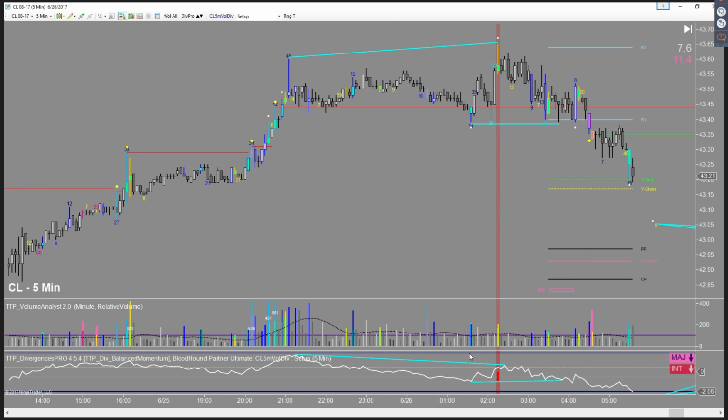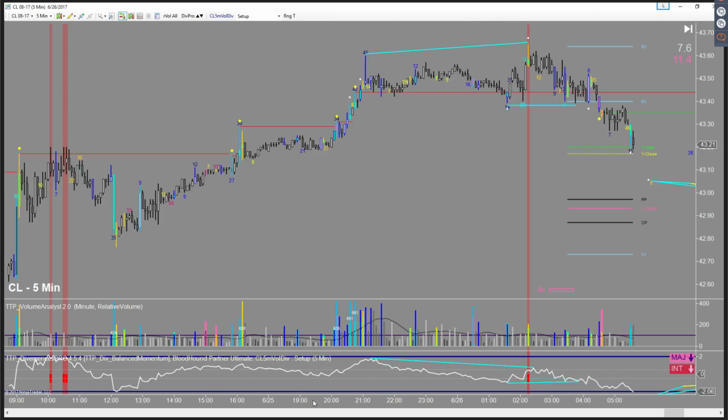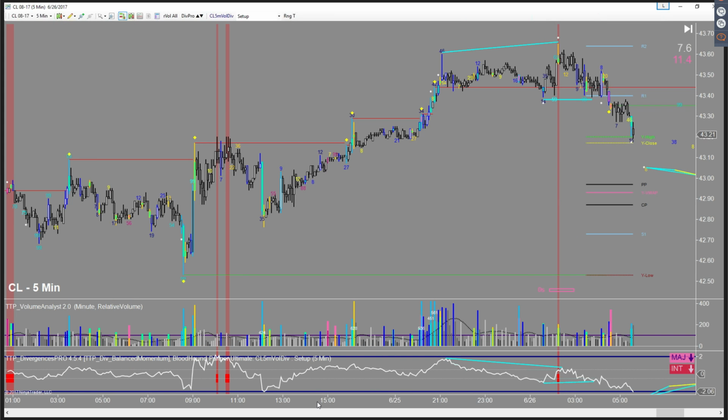So this volume divergence signal is essentially what you're looking for. For a short, it's a big buying climax, very high volume, some kind of retracement in the opposite direction, which is essentially, in this case, a sign of weakness.